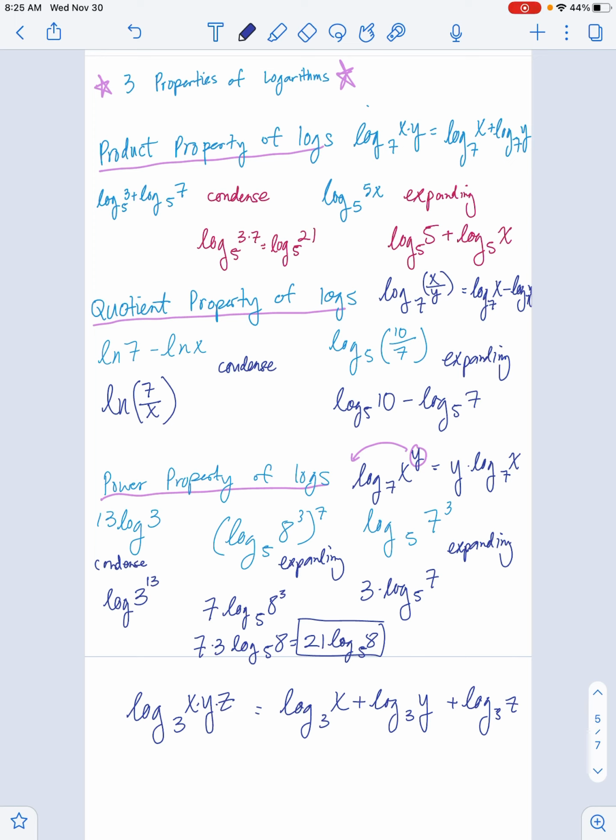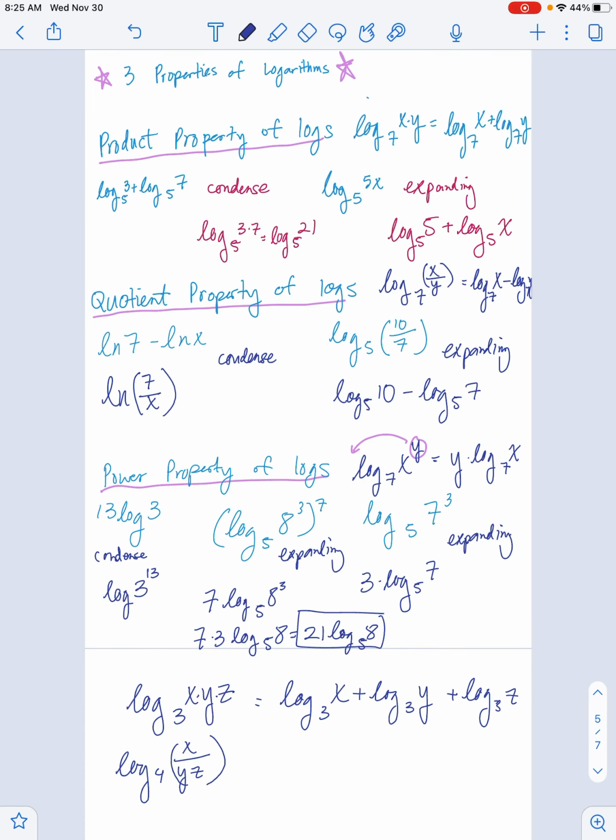Okay, for quotient rule, a little bit different. But I'm going to show you a shortcut here. If I have multiple things in the bottom, in my denominator, like this, right? x divided by y times z. So the y and z are both in the denominator of my fraction, so they're both dividing. So what I'm going to do is every time I have that denominator, it will be subtracted when I expand it.